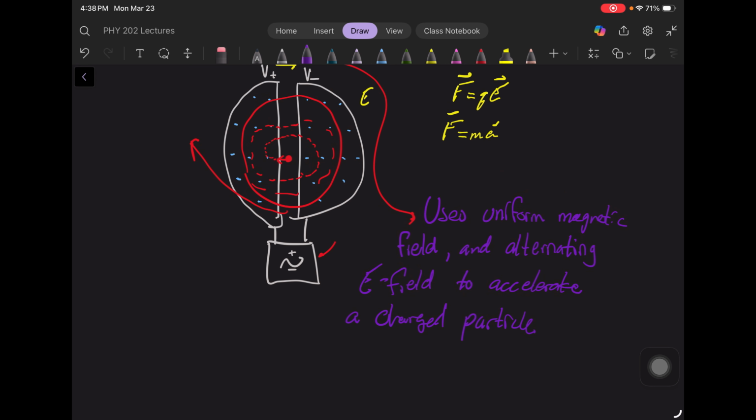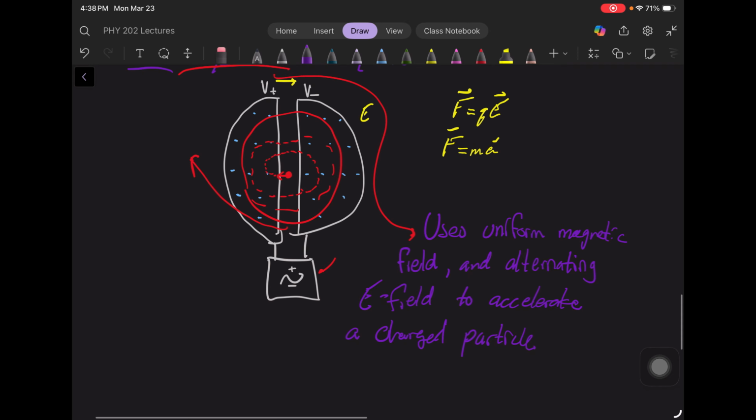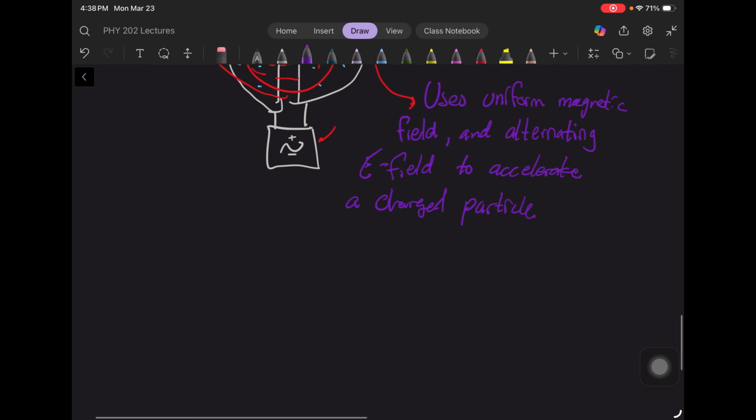You're all thinking, Dr. Dillon, why do we have to bring in a magnetic field to this? Surely, all we had to do was get these 2 plates, put them far enough apart with enough potential, and we will accelerate our particle as needed. And that's true. That's correct. But the issue being, either one, you would need an incredibly high potential to be able to do this in a confined space, or it would have to be really big, right?